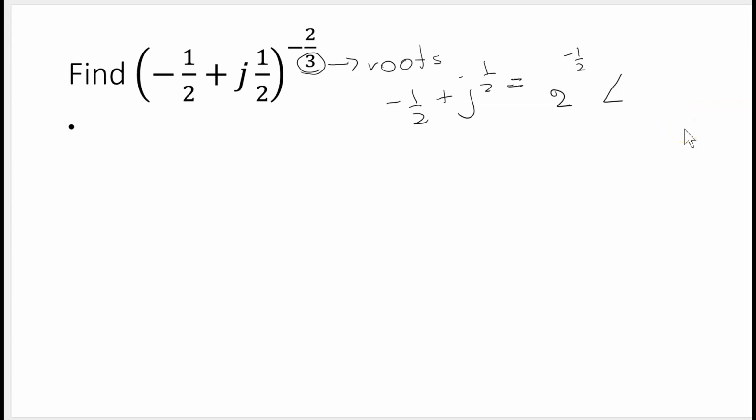What I was saying was that 2 to the negative a half is 1 over root 2. But also that the angle is 135. And again, I'm just using degrees, so that's fine.